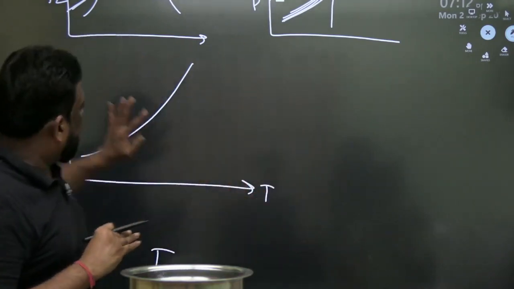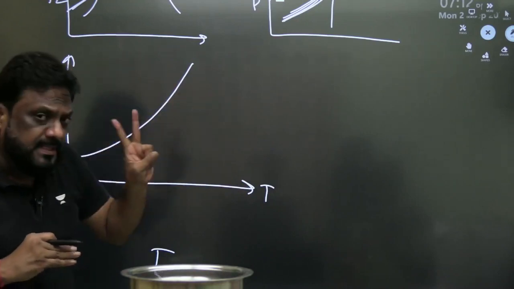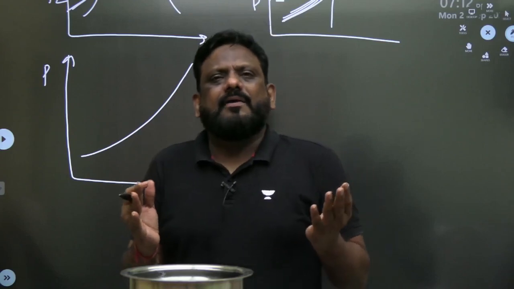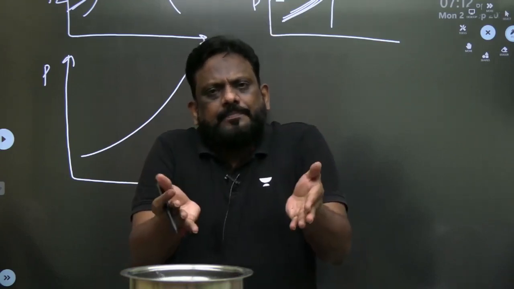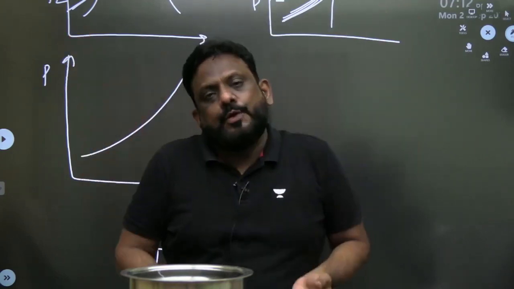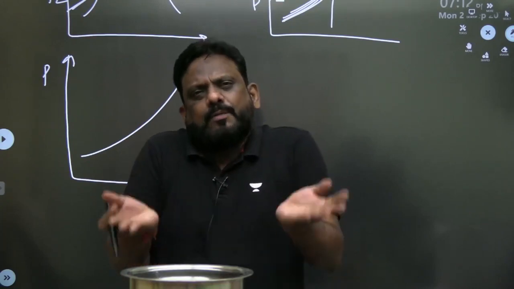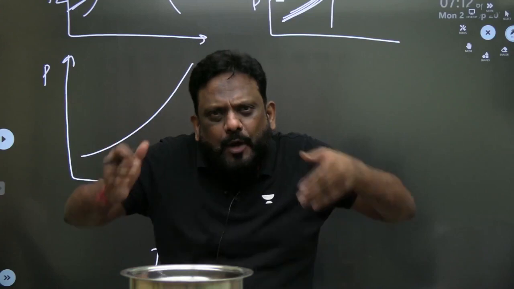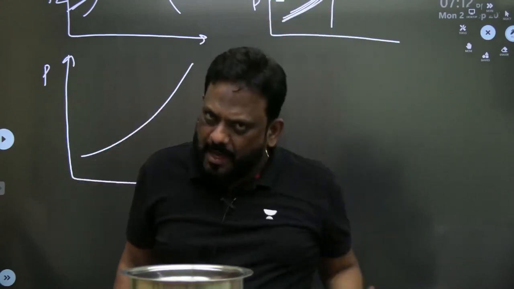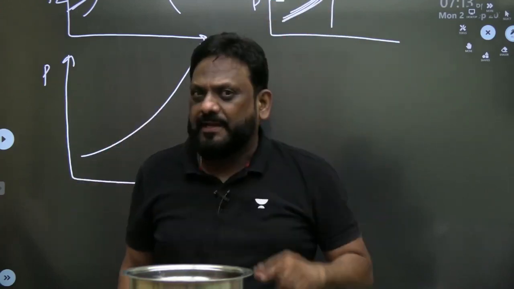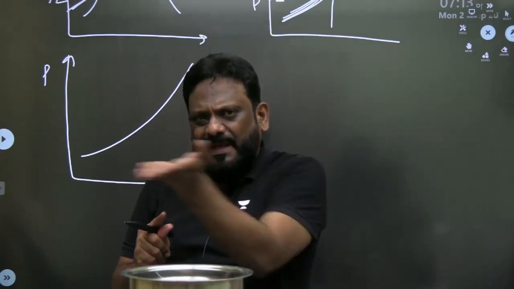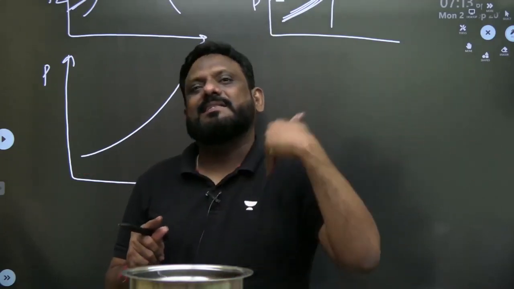To convert liquid to vapor, there are two ways. You might have seen in our regular kitchen, you keep water open to atmosphere and you heat it, and you will see water boiling. What are you doing there? The pressure is atmospheric, it is open to atmosphere. At the same pressure you are heating. It means to convert from liquid to vapor, one procedure is keeping the pressure constant and increasing the temperature.